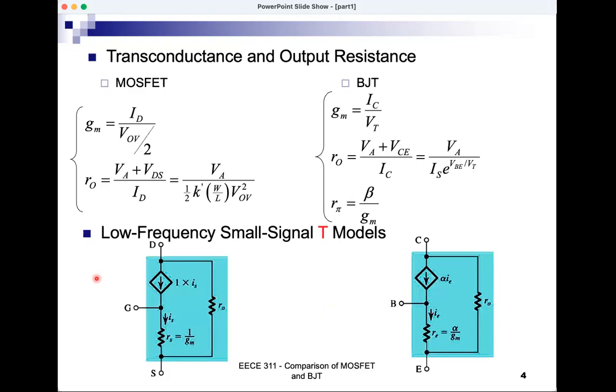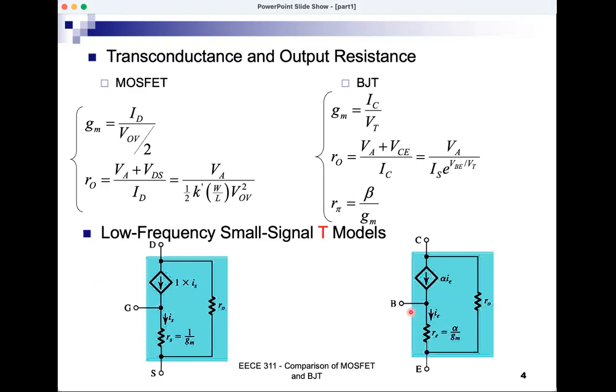So this is on the left the small signal T model for the MOSFET, and on the right the small signal T model for the BJT. And we have this small resistor, which is 1 over gm in the case of the MOSFET, or alpha over gm in the case of the BJT. Alpha is beta over beta plus 1, and it's a number that's very close to 1.